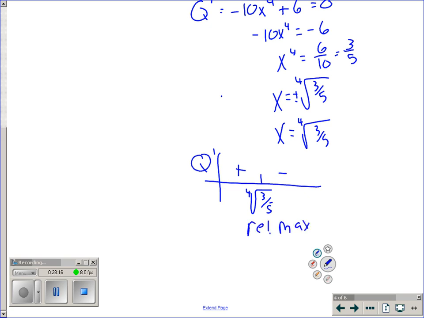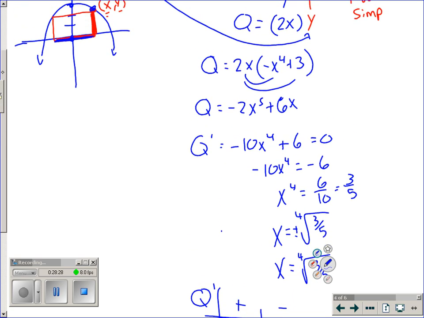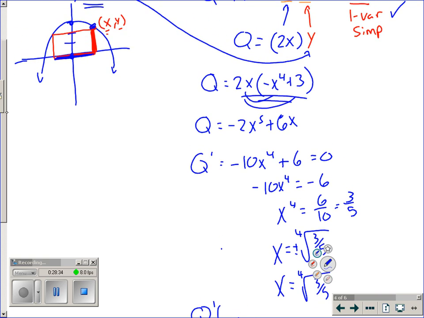All right, great. So now we have that. We have our dimensions here. Now, if I want the actual maximum area, we can plug it back into our original function, our Q equation, and we'll have the answer. If you want to visualize it a little bit better, you can think of it this way. What we just found was this length right here, right?